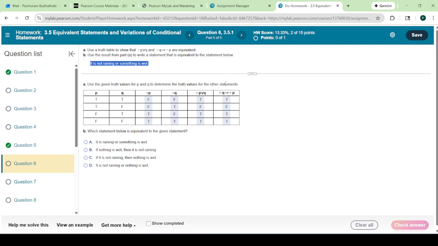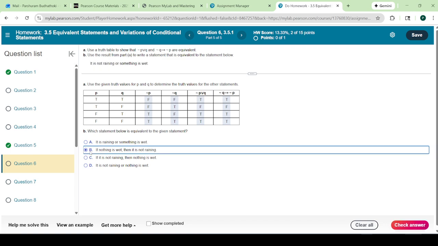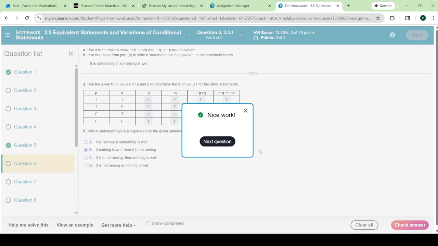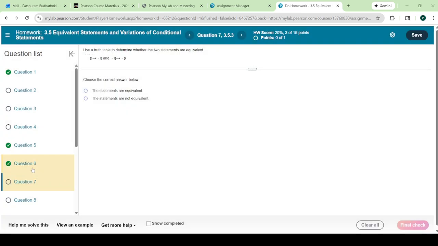The equivalent statement is the one with negation of Q, which is nothing is wet: if nothing is wet, then it's not raining. If Q is something is wet and not P is it's not raining, then negation of Q implies negation of P: if nothing is wet, then it's not raining. These are the equivalent statements.